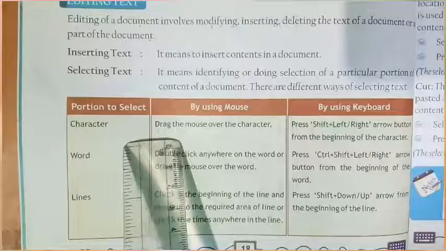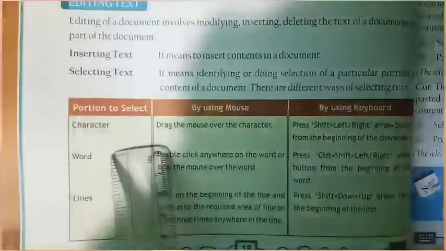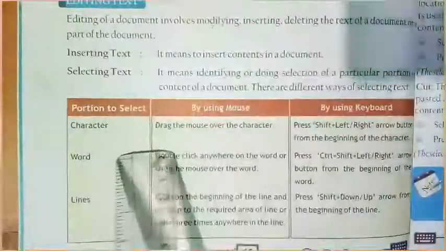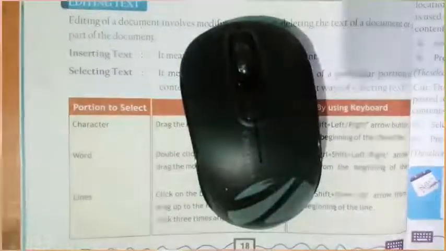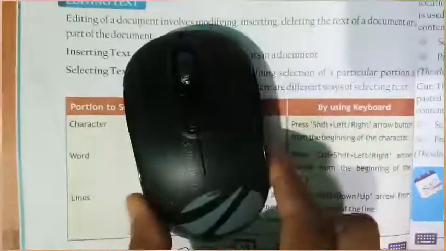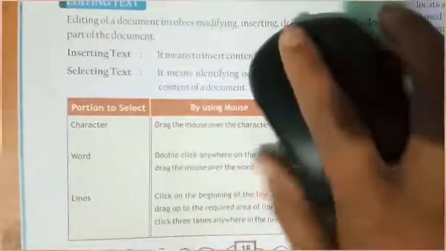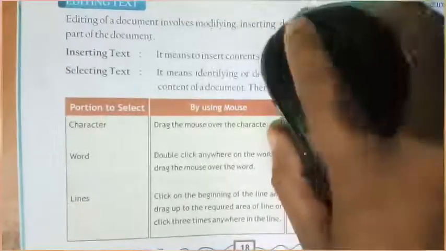Number 1 is character. To select any character, we have to drag the mouse over the character. See, this is a mouse and drag means this way. If we want to select any character with a mouse, we will hold the mouse like this and drag it to select the character. Clear?